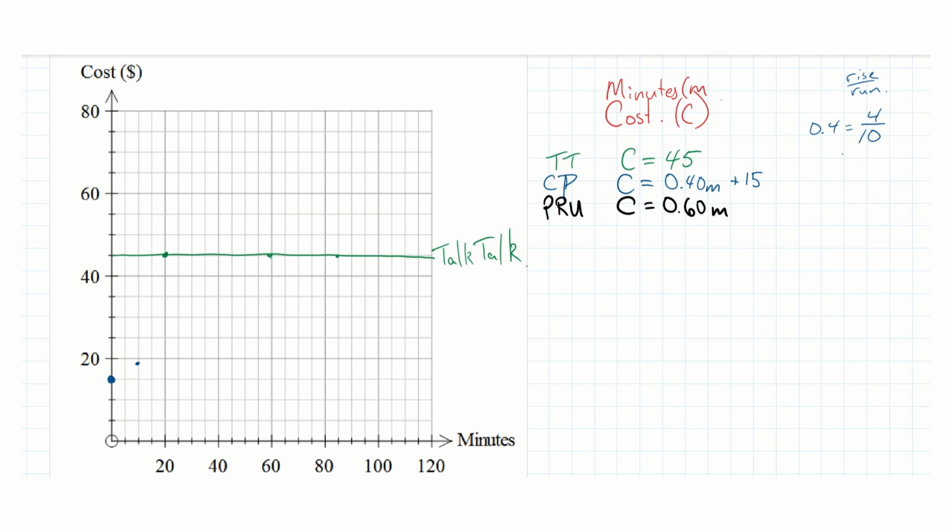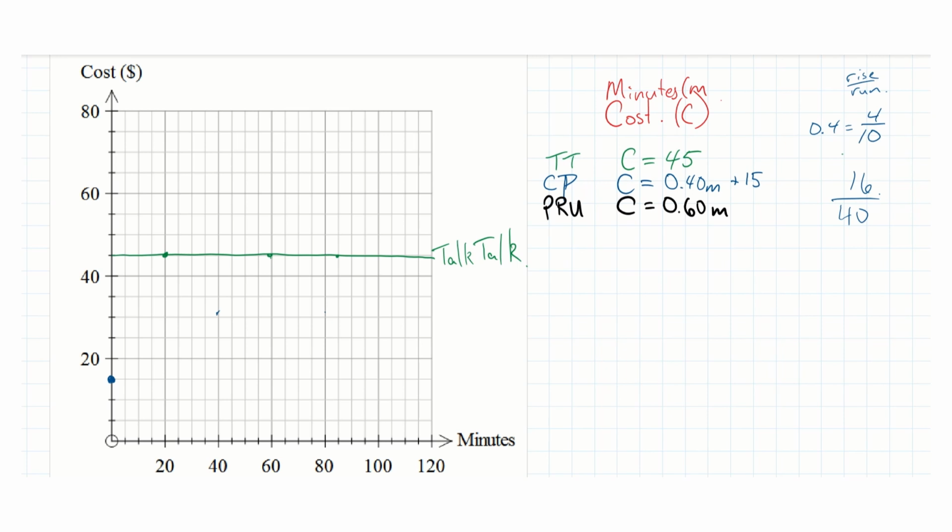I can make that easier on myself by going over, say, 40. If I go over 40, then how much do I go up? It's going to be 16. So I'm going over 40, up 16, which is going to be right here, and then I'll do the same thing: over 40, up 16.